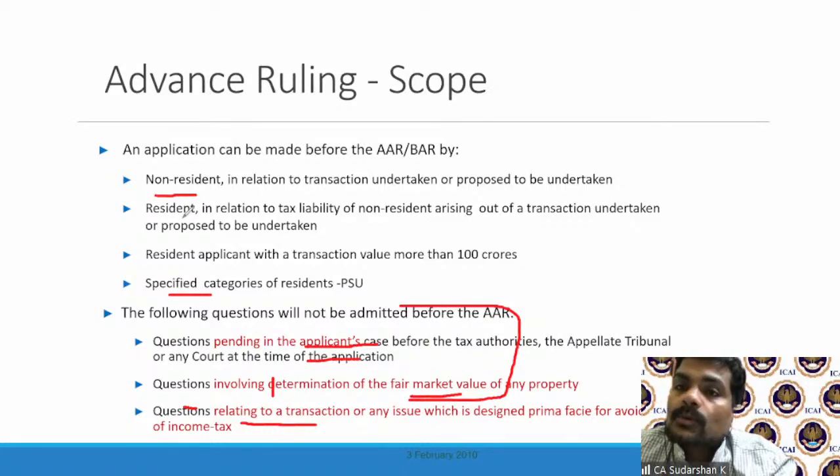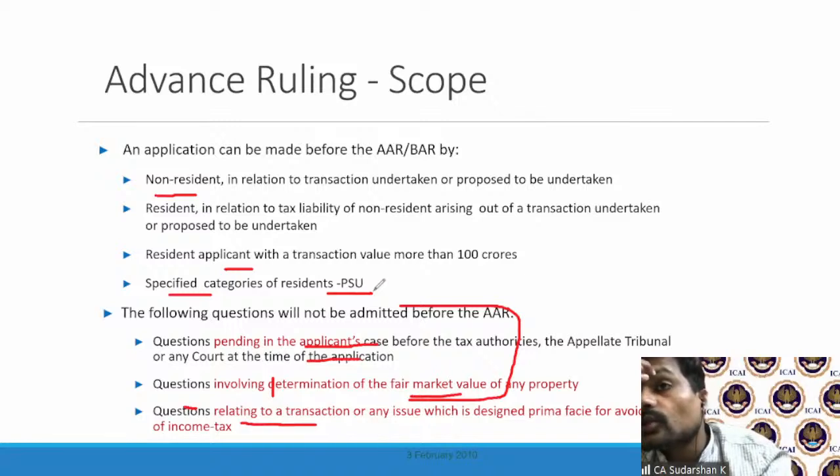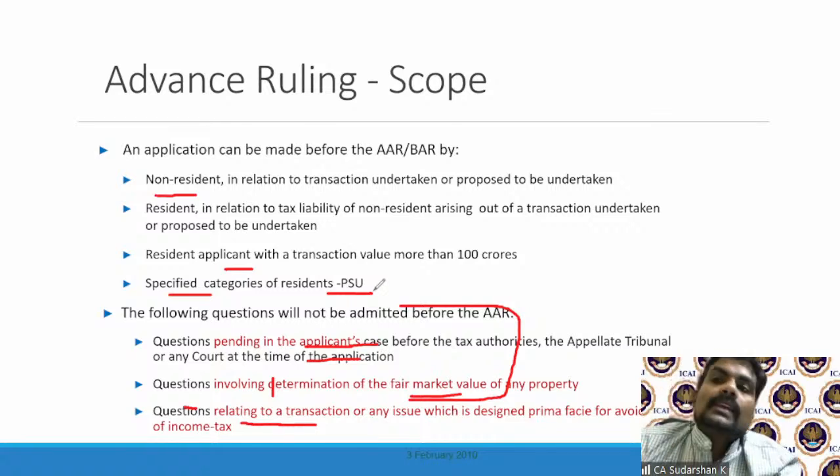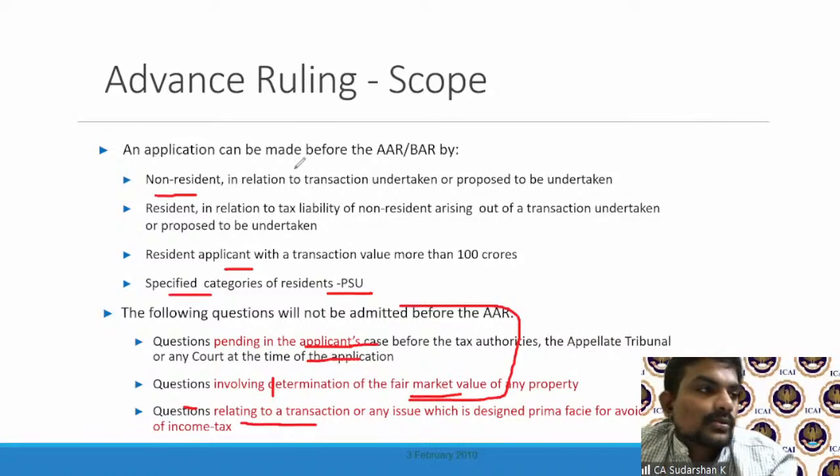And not only cross-border transactions, even for domestic transactions where the transaction value is more than 100 crores, the resident can apply for advance ruling, and public sector units like ONGC and Bharat Petroleum can also go for advance ruling to get determination on certain tax positions. So the scope of who all can apply was pretty wide.